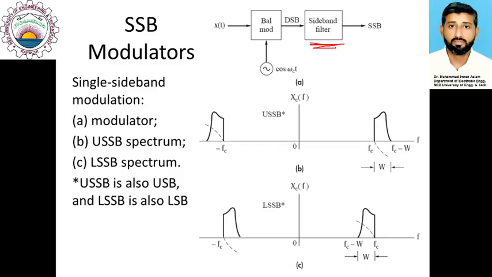So they cannot suppress sideband sharply like it is shown here. They cannot suppress sideband this sharply. So that's why SSB signals can only be generated where this edge of the band does not contain significant information content.